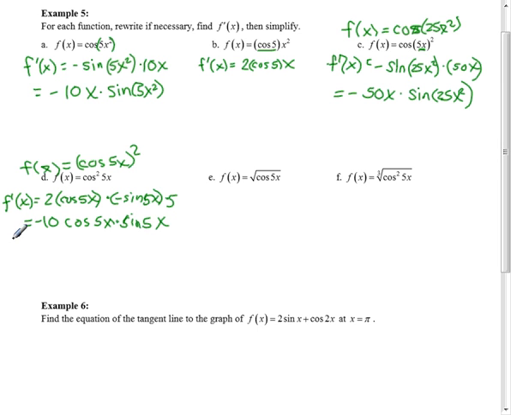I know we didn't talk too much about this in class, but something you might want to be aware of, especially for multiple choice questions, is the double angle identity.